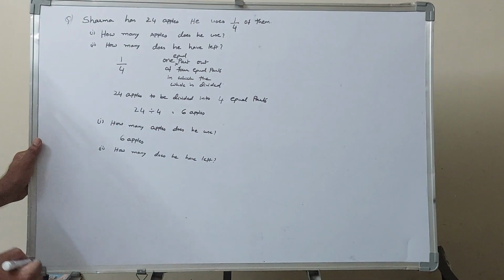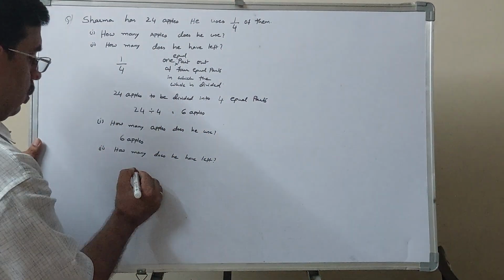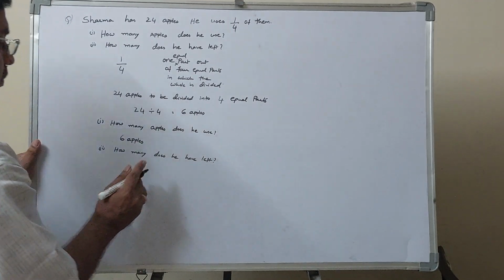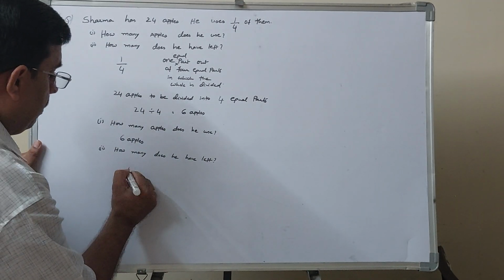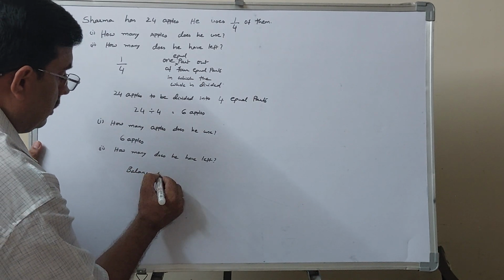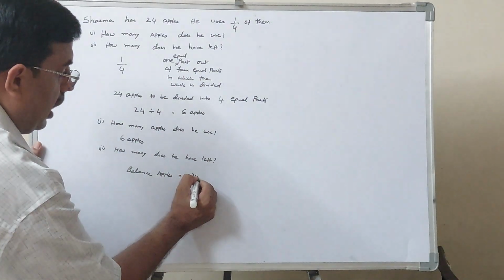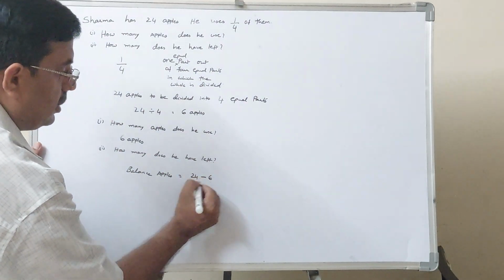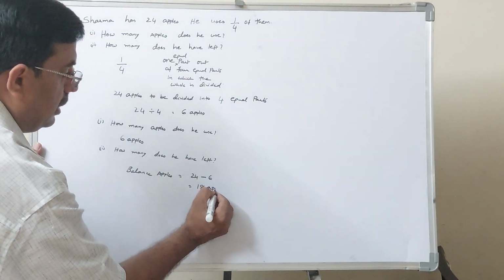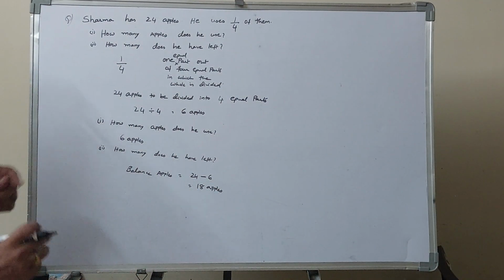He used 6 apples. Total number of apples is 24. So balance apples is equal to 24 minus 6, which is 18 apples. 18 apples were left. Okay?